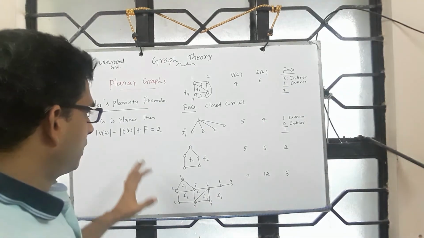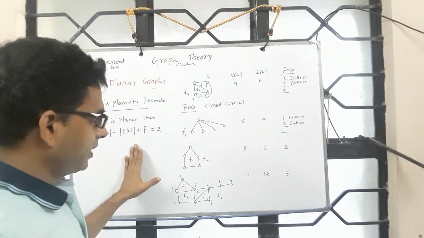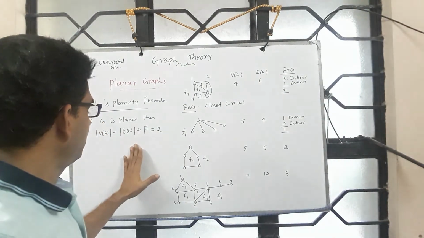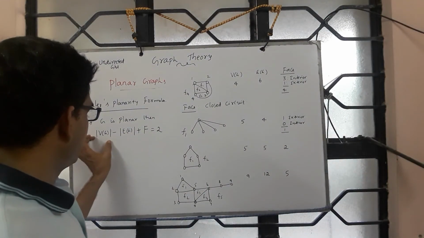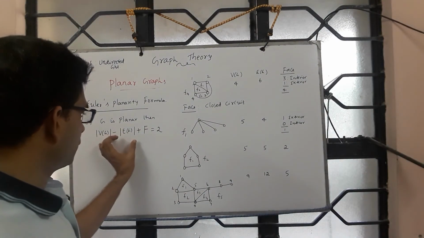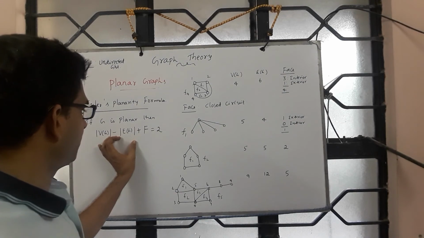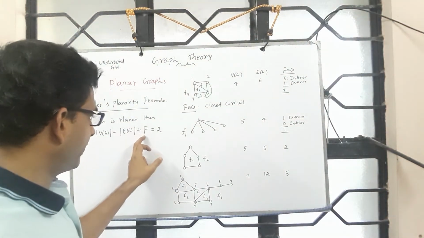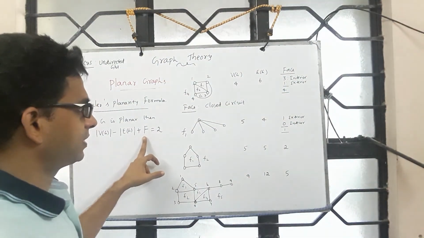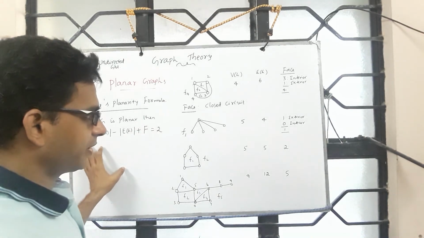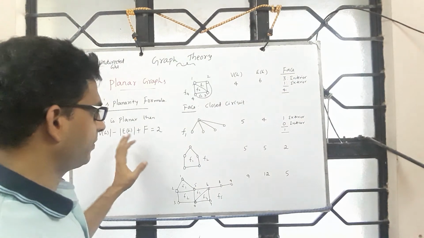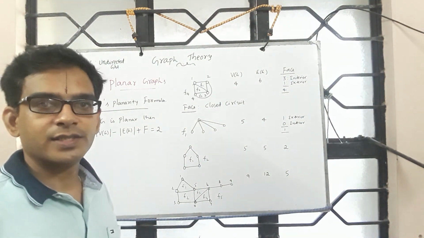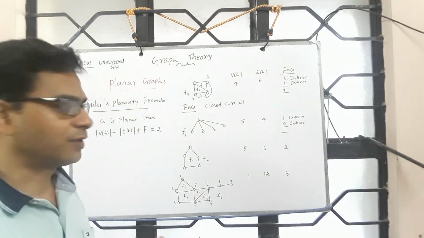So one can prove this formula using mathematical induction, and there are 3 parameters. So one can do induction on the number of vertices, one can also do induction on number of edges, or induction on number of faces. It's an interesting case study, and if you try all 3, induction on all 3 parameters, you will actually understand mathematical induction thoroughly.